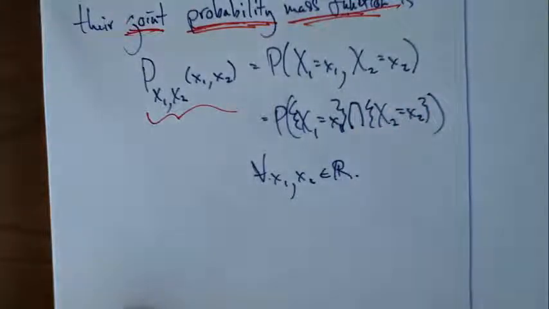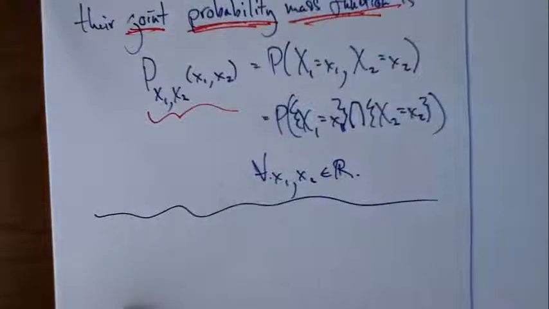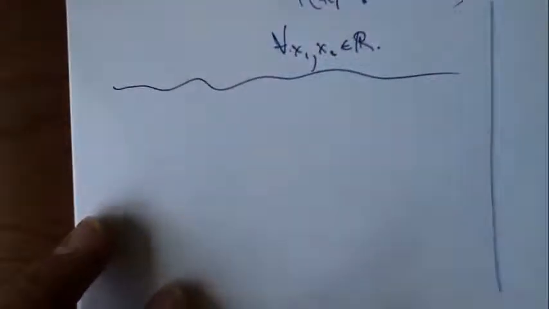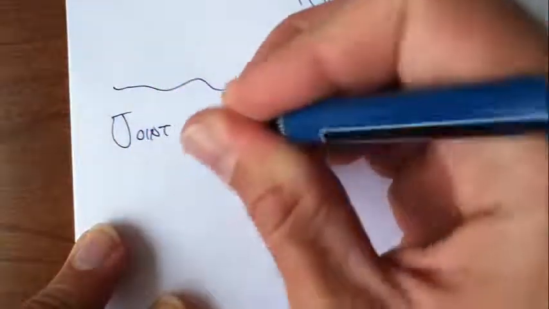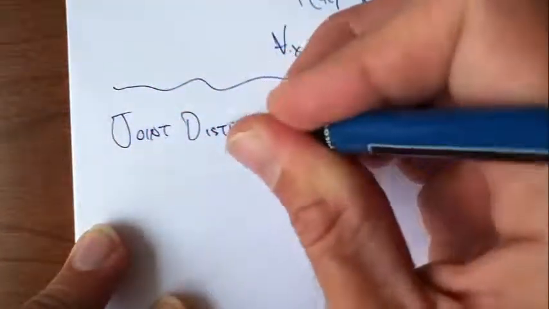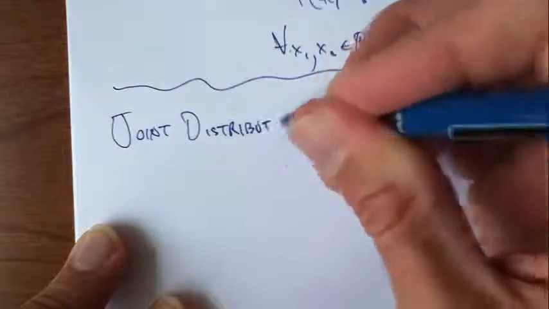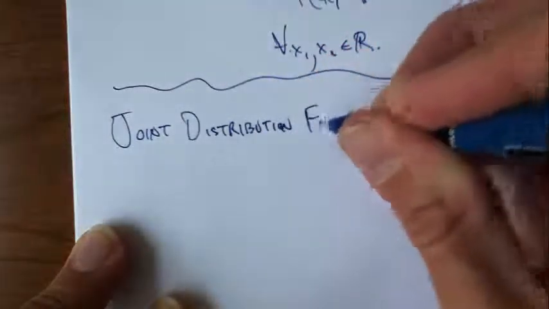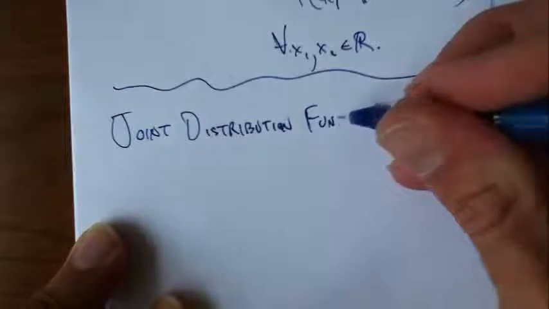And by the way, this is for all x1 and x2 in the reals. Let's also take a look at the joint distribution function. Sometimes we just say joint distribution function.